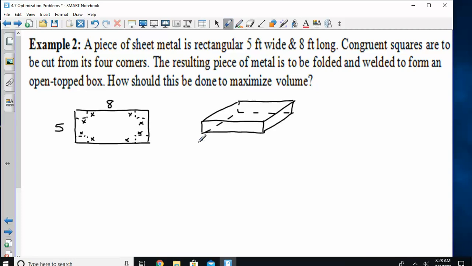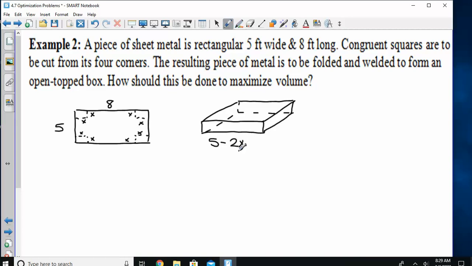Okay, so when I make the box, I have cut off X here and X here. So how much did we remove? 2X. So the length was 5, so now it would be 5 minus 2X. This was 8.